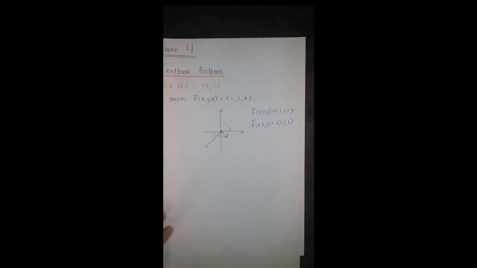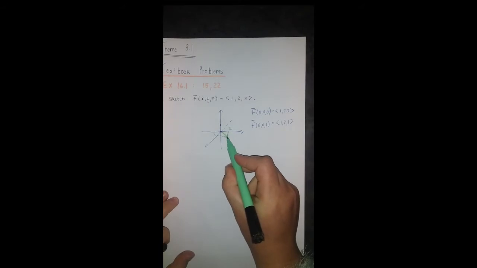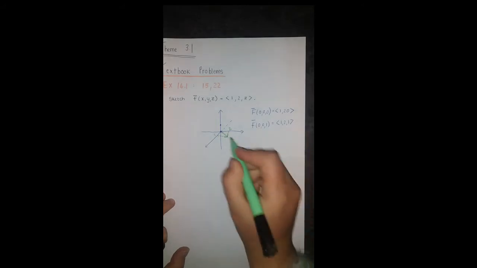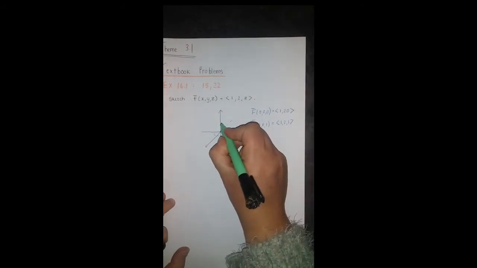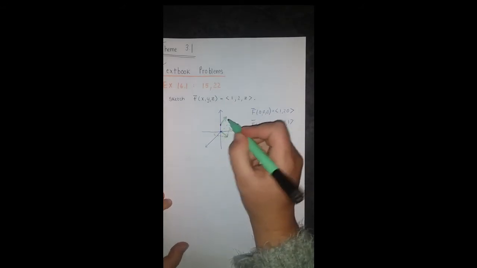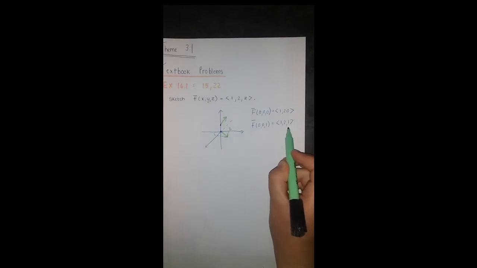Okay, so the point that we have is here, and it'll be the same magnitude to the x and y direction as before, but now it has a magnitude of 1 to the z direction, so it'll go up. So this vector will have these magnitudes towards the x, y, and z direction.